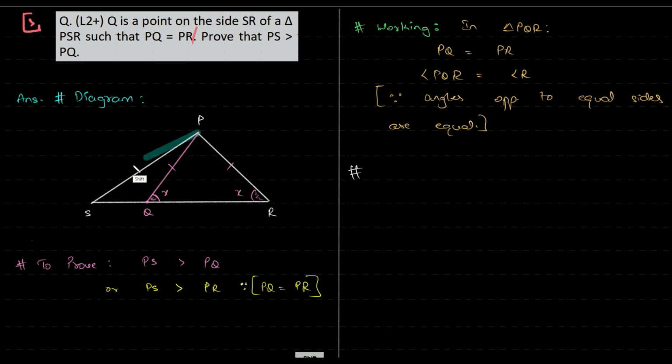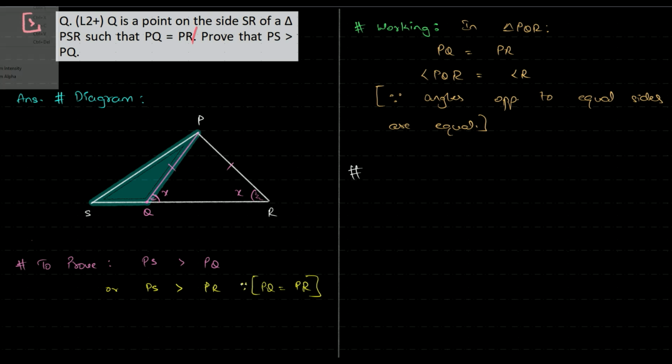PS and PQ is related with the help of triangle PQR. Agree? This particular triangle. And when we talk about PSR, we are talking about this entire triangle, is it not? Yeah? Okay. So which triangle to choose is something that we have to figure out in time.